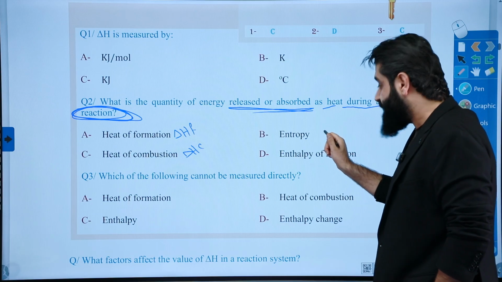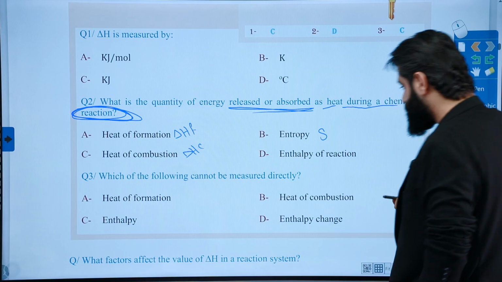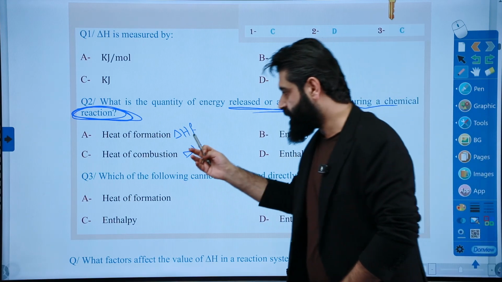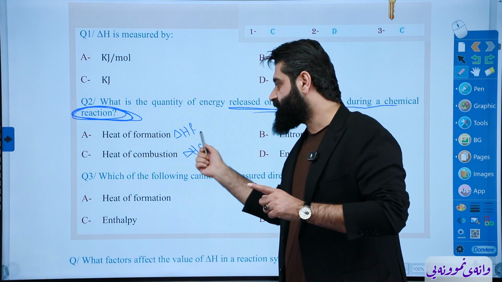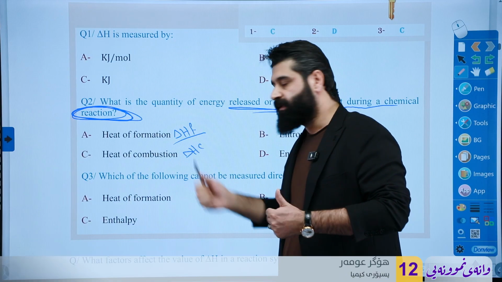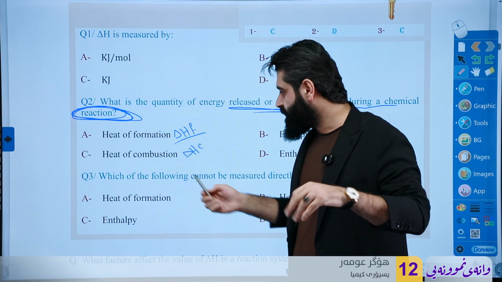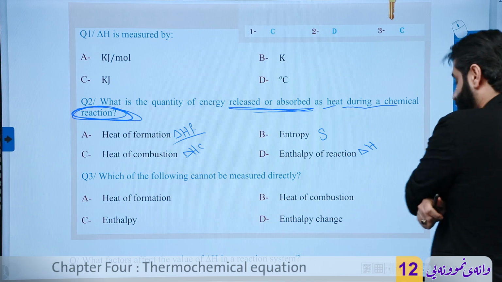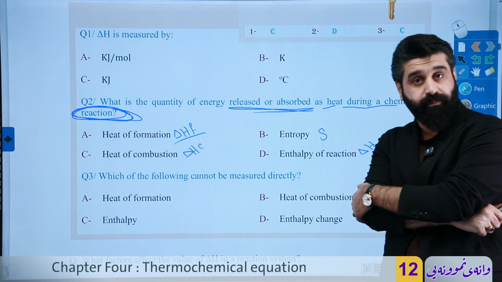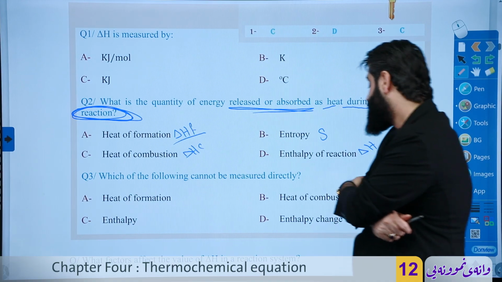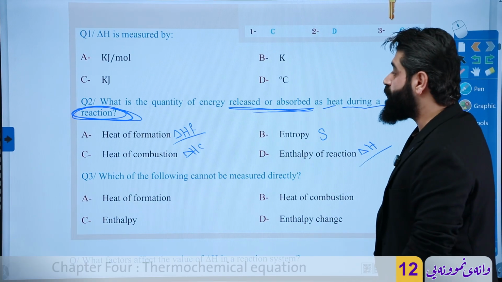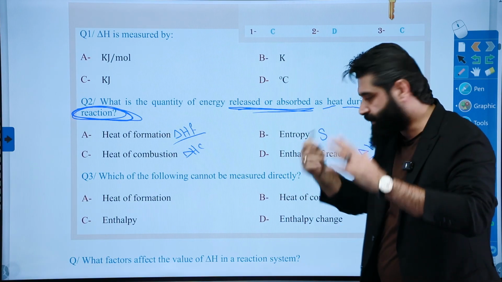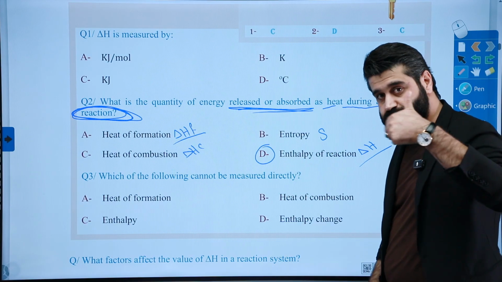Entropy is S. Entropy change, delta S. Enthalpy of reaction is delta H. So the amount of energy that is transferred during a chemical reaction is enthalpy of reaction. It's easy.